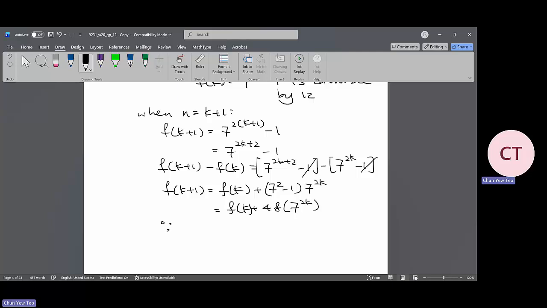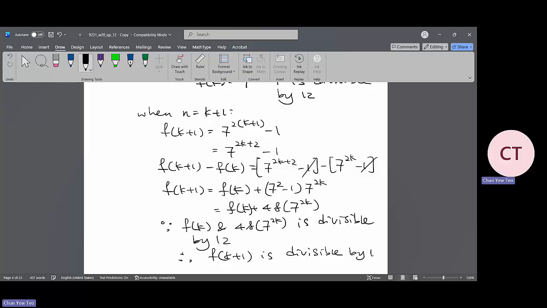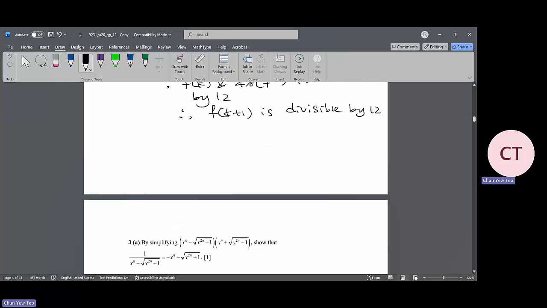So because Fk and 48 multiplied by 7 power 2k are divisible by 12, therefore Fk plus 1 is divisible by 12. True for n equals k plus 1.